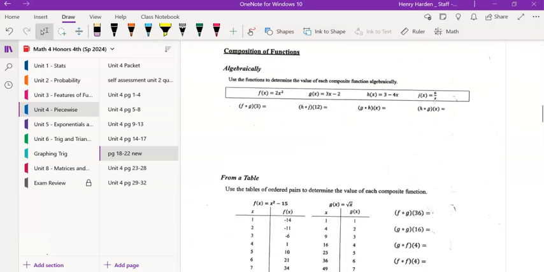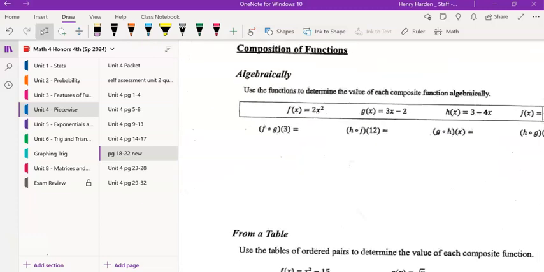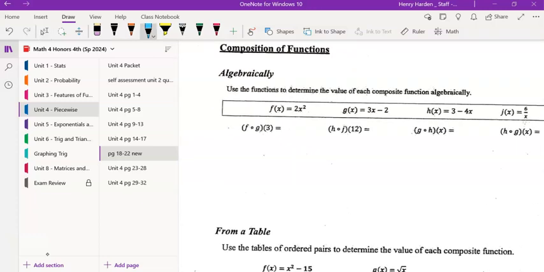All right. So sorry, on this page, okay, I'm not going to do all these. So real quick, we got f of g of 3. So again, you start with that. So 3 goes in. This does not mean multiply, means into g. So we're going to go 3 parentheses 3. 3 is replacing x. 9 minus 2 is 7.